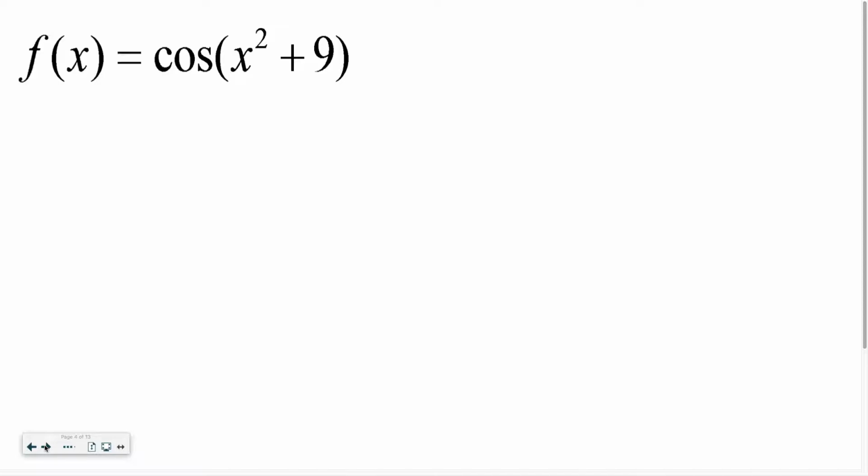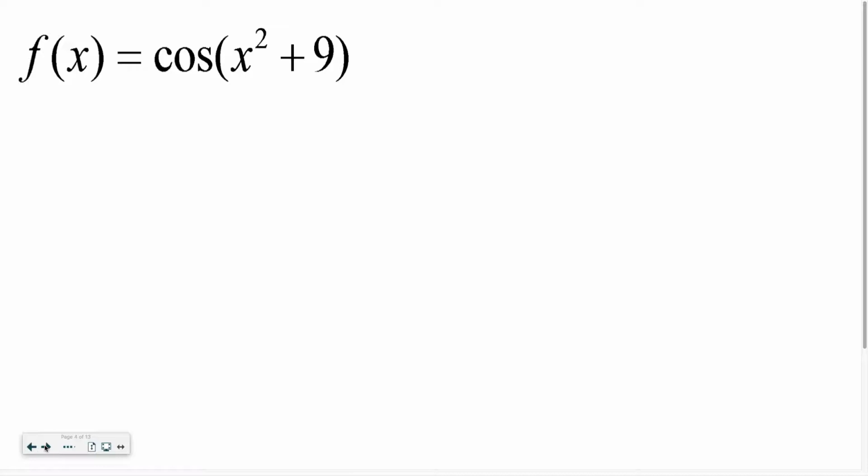So you have some options in some cases. Does that make sense? But this would be an instance where we don't have the option. X squared plus 9 has to stay inside of cosine. There's not an algebraic way for us to break that apart.